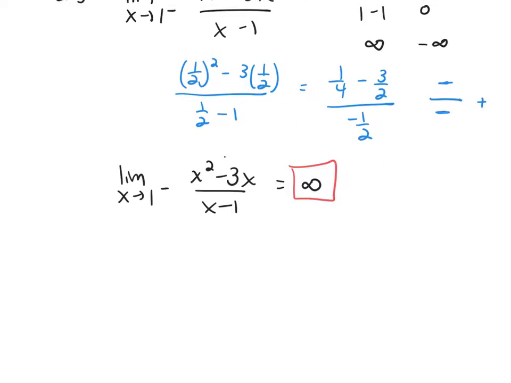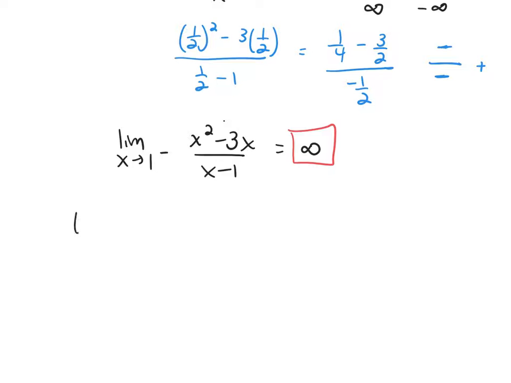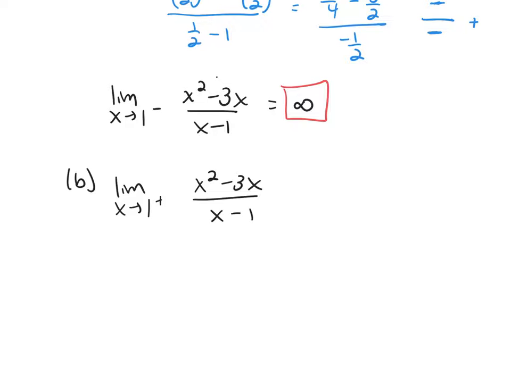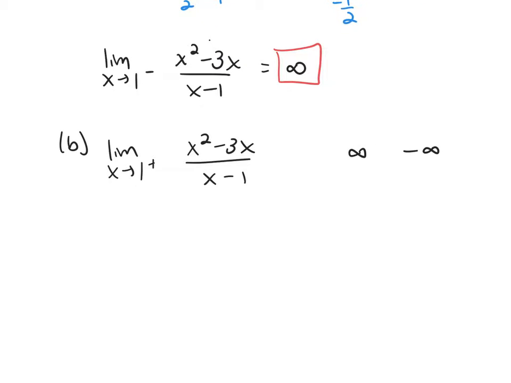So now let's look at instead the right-hand limit of the same function. We don't have to plug in 1 here because we already did that previously and got a 0 in the denominator. So infinity or negative infinity. And the question is, which one is it? Well, you're going to have to plug in a test number. Now you're doing a right-hand limit, so you want something a little bit bigger than 1. So maybe plug in 1.5 or 3/2.